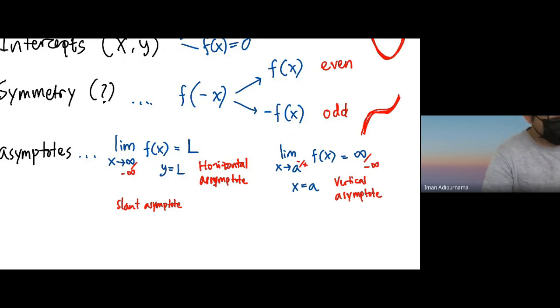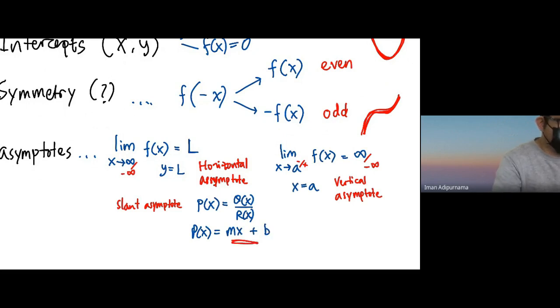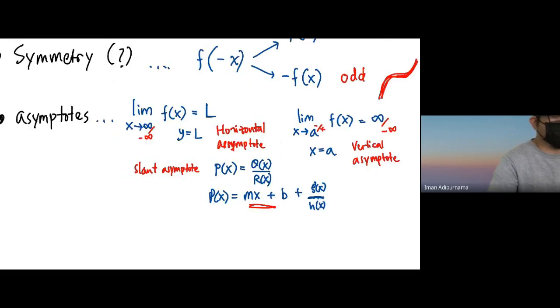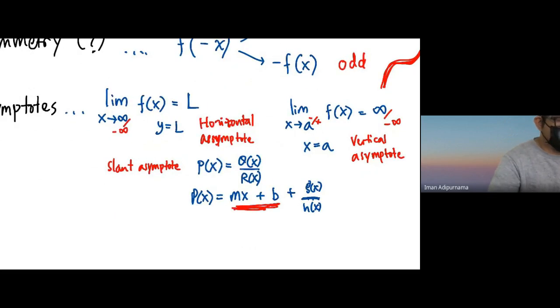Basically, if you have a rational function and can make it into some mx plus b, something linear, plus a remainder, maybe g of x over h of x, I just want to focus on this mx plus b.